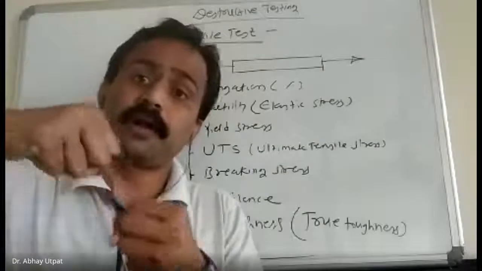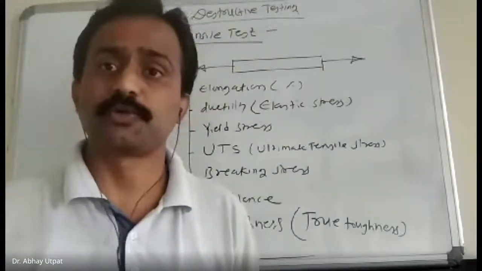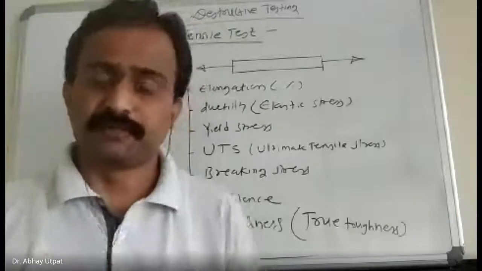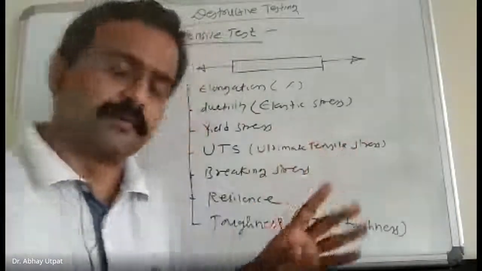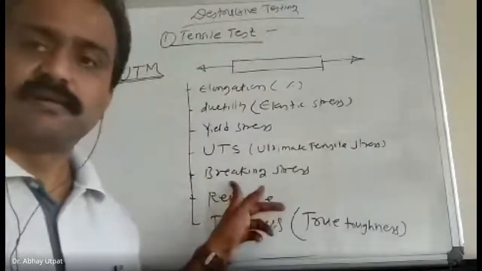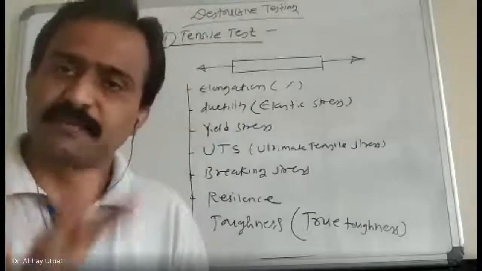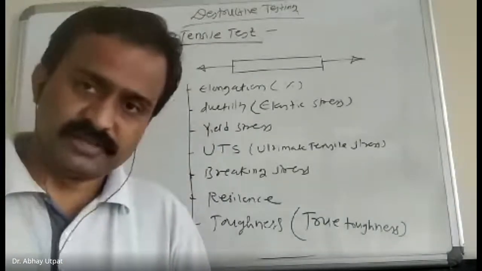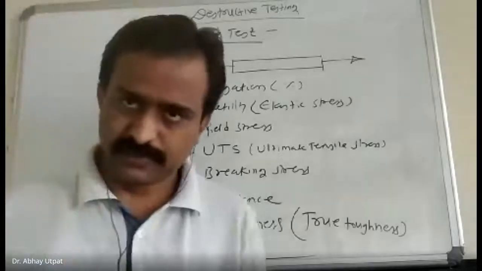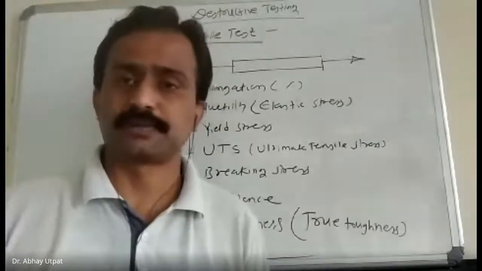So you can apply 100 tons of load. Imagine how much load you can apply to the specimen. If we pull it till breaking stress, the part becomes unserviceable. Last time I explained the meaning of unserviceable, and why testing is carried out even though the part becomes unserviceable.